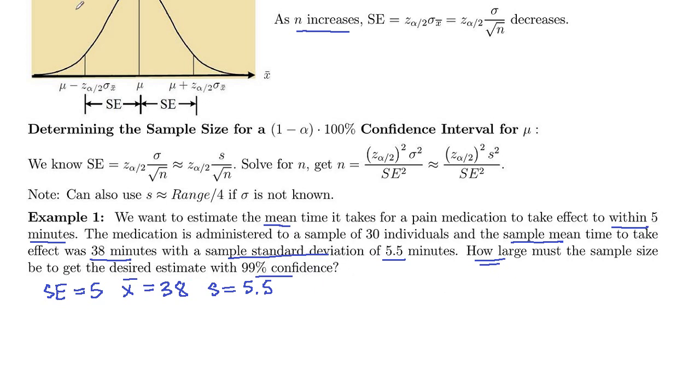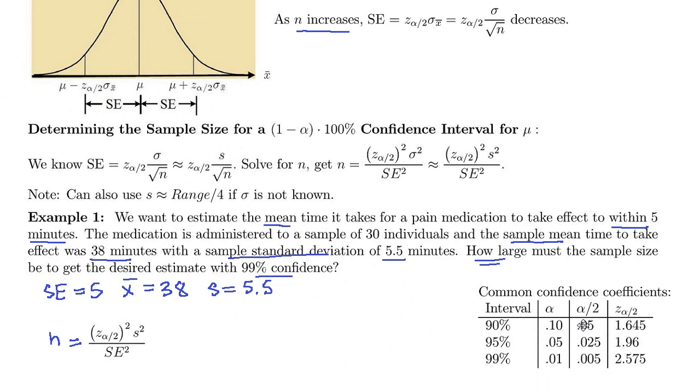So let's go ahead and bring our sample size formula down here. z alpha over 2 for 99% confidence we can get from the confidence interval table, the table from section 7.4.